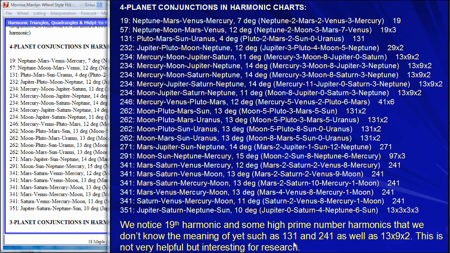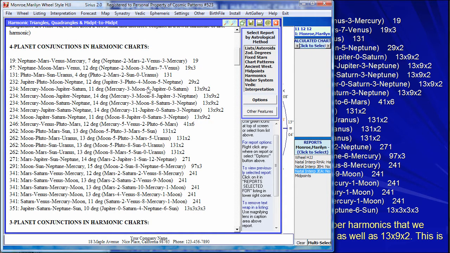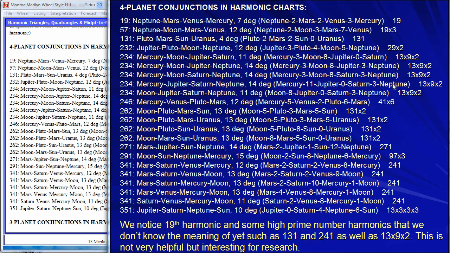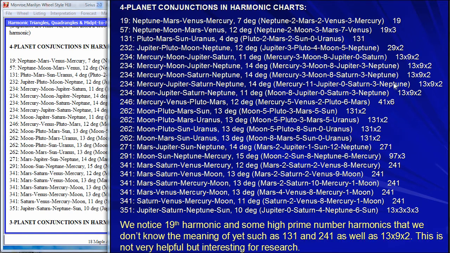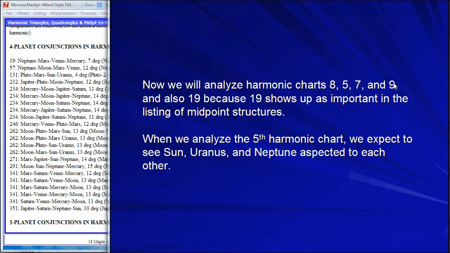We don't know the meaning of 131 and 241, but we do see the 13 times 9, and we know what 13 means, we know what 9 means, we know what 2 means, so we can get a pretty good idea of what this means astrologically, which I'll talk about at some point. I don't know if I actually go into it in this tutorial video or not, but I'm going to take this to a certain point of detail. We won't cover everything that we're seeing here in this one video.